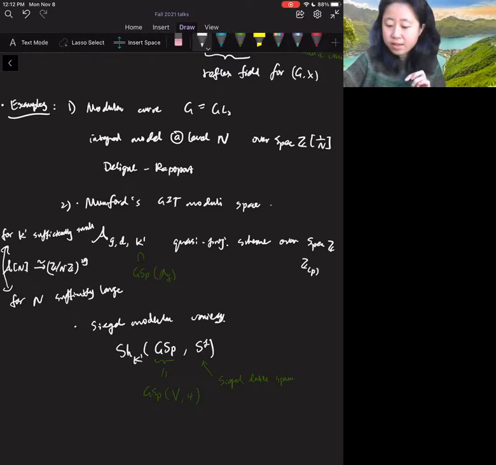And the Siegel modular variety is, I would say, the most direct generalization of modular curves because it's a moduli space of polarized abelian varieties with level structure.